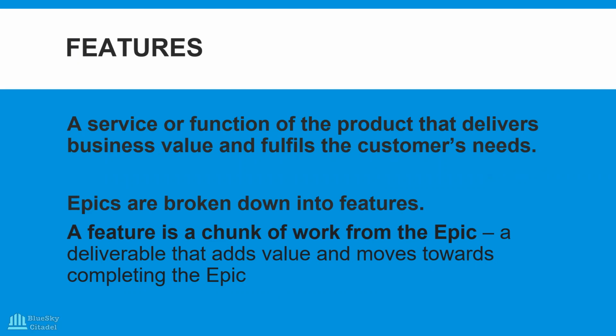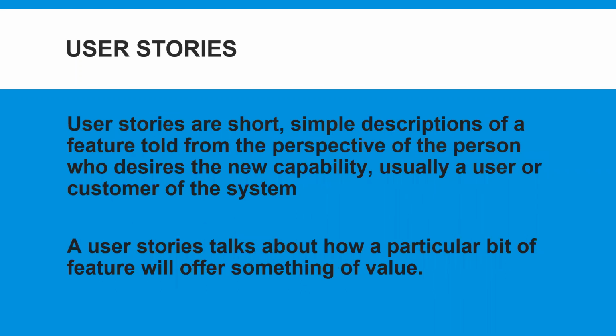And once you're ticking off those deliverables, those features, you are moving towards completing your epic. Now, further down the hierarchy is what we call user stories or product backlog items or PBIs, or some will just say tickets. But let's stick with user stories or product backlog items, right?